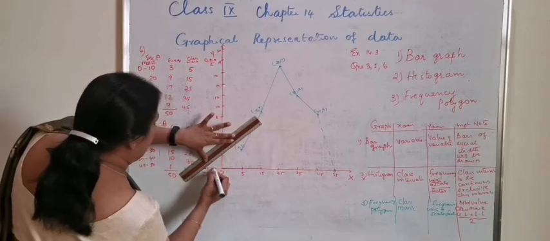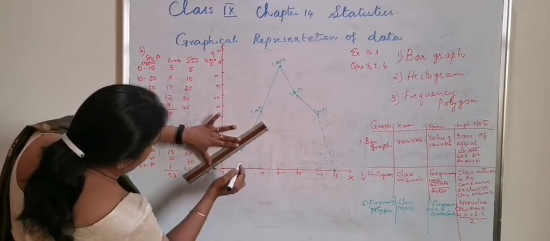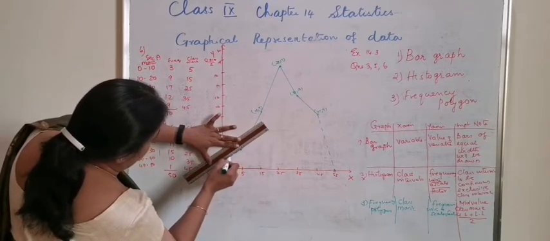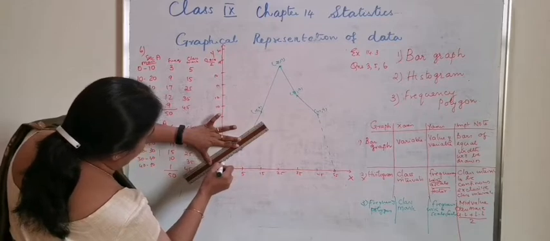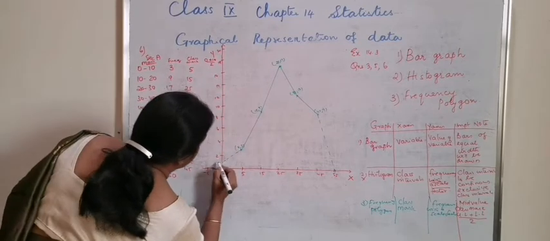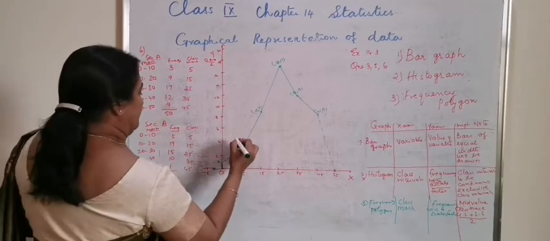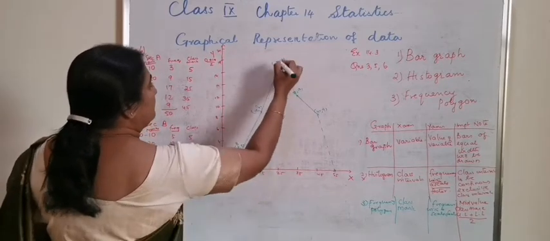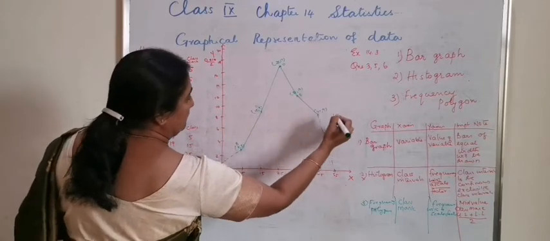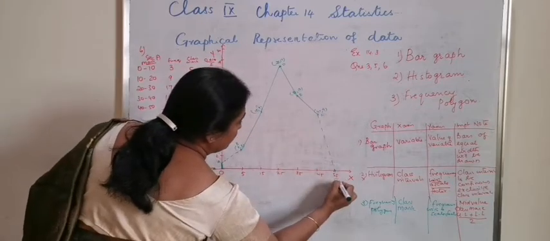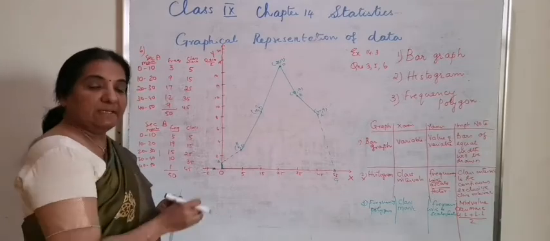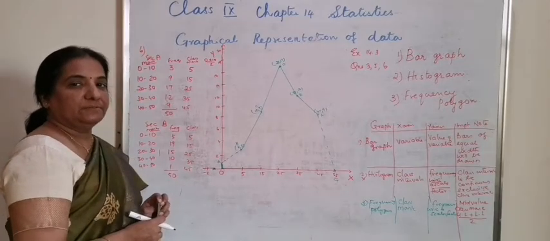The mid value of that class is here. This represents the first frequency polygon.